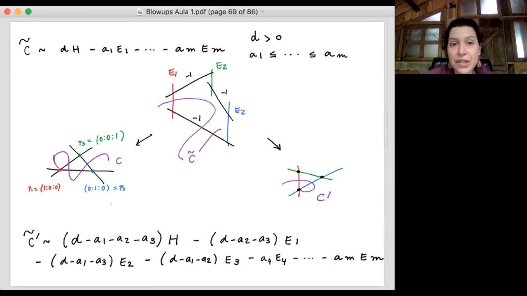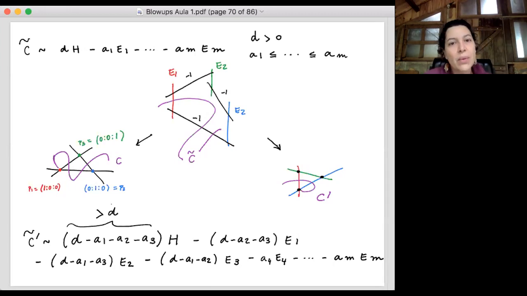And now the observation is that if you started with a -1 curve, then necessarily, and this is an easy computation, this number D minus the smallest multiplicities must be less than D. In other words, you assume C tilde is a -1 curve, so you know that its self-intersection is -1, and its intersection with the anti-canonical class is also -1, and then you compute and easily get this, which is what we call Noether's inequality.